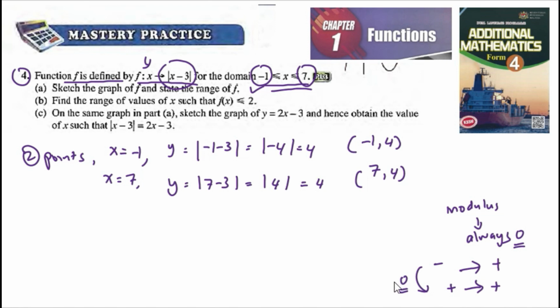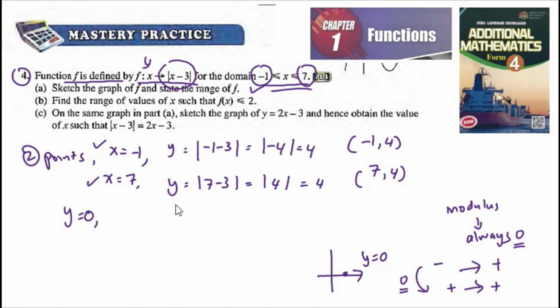So we should check if there is 0 in between -1 to 7. How to check? 0 is on the x-axis, so y is equal to 0.